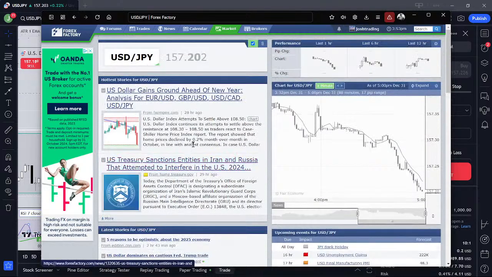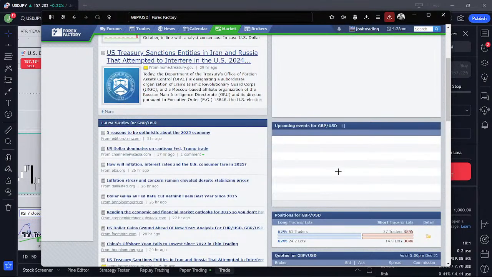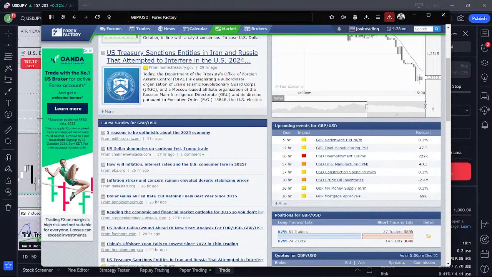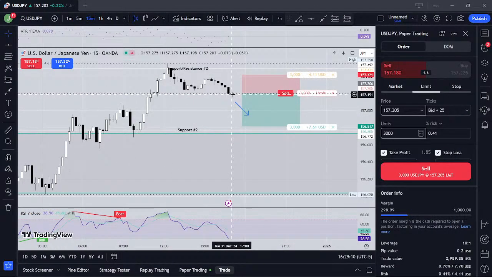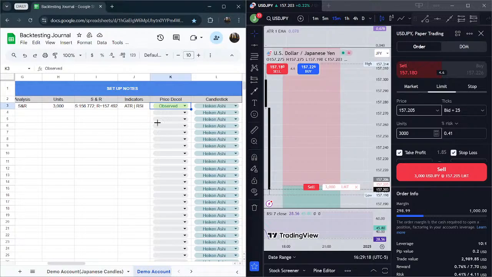Compared to the GDP, let me check the pound. Yeah, it should. I feel with this, hopefully we hit our take profit. So we're going to go here. I actually made a mistake.